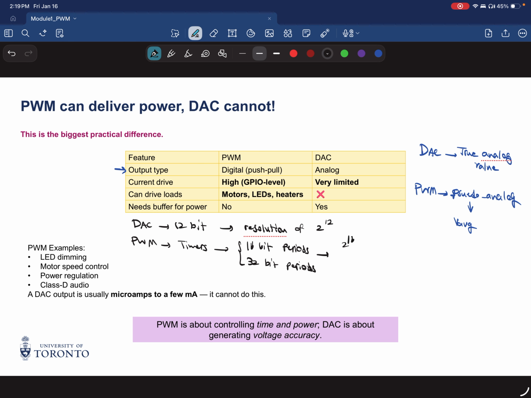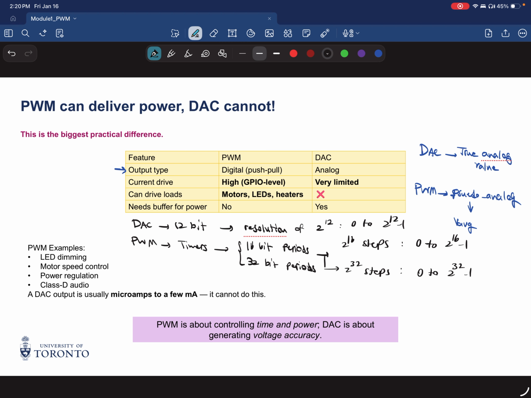So you would have 2 to the power of 16 or 2 to the power of 32, going from 0 to 2 to the power of 16 minus 1, or 0 to 2 to the power of 32 minus 1, instead of 0 to 2 to the power of 12 minus 1.